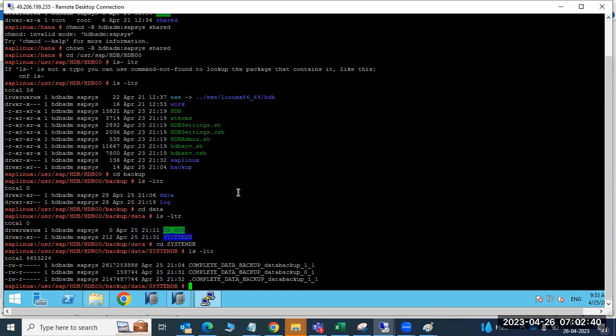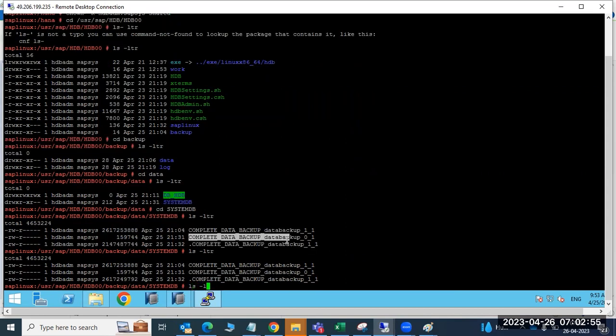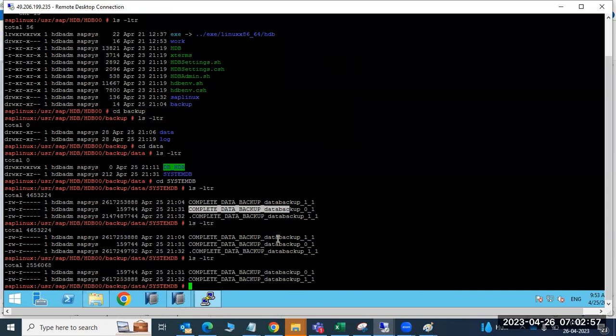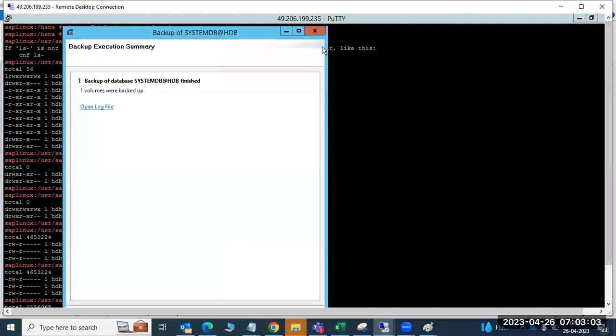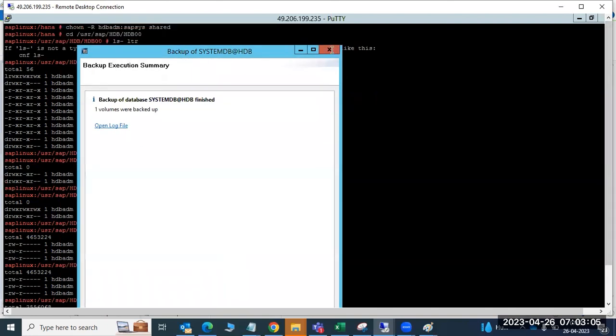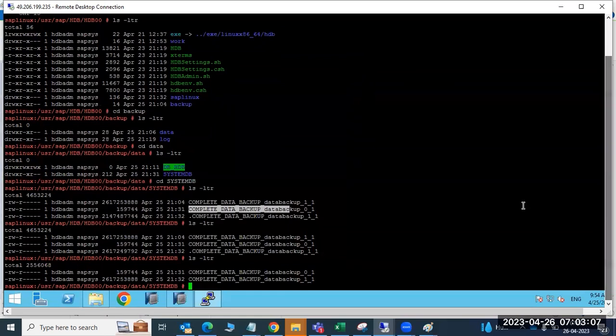The backups will be created here. See here, complete_data_backup for the full backup, and incremental_data_backup for incremental, like that the naming conventions are created at operating system level. The backup is completed now.